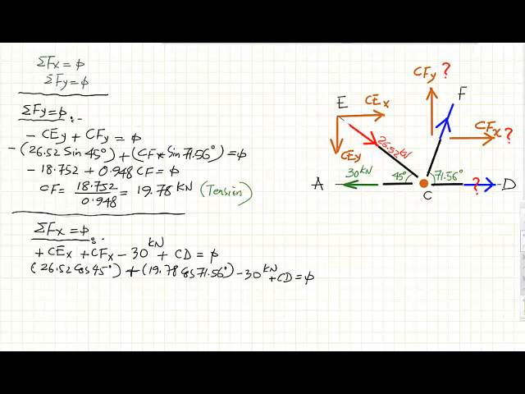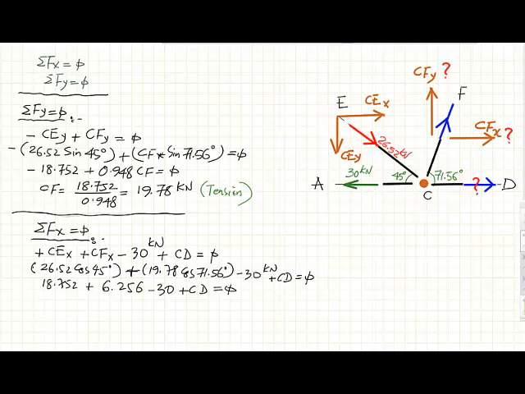Let's calculate these numbers now. 26.52 multiplied by cosine 45 is equal to 18.752, plus 19.78 cosine 71.56 is equal to 6.256, minus 30, plus CD is equal to 0.